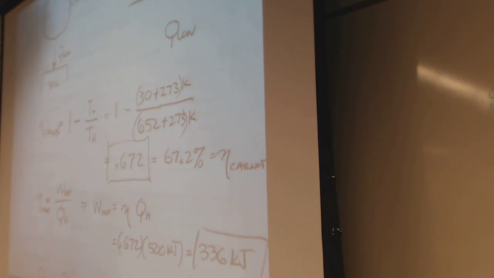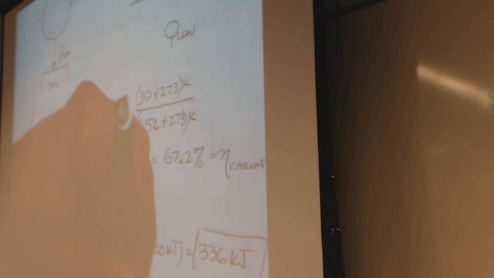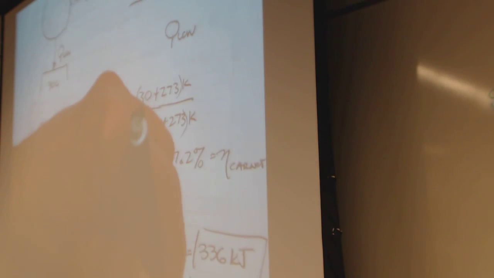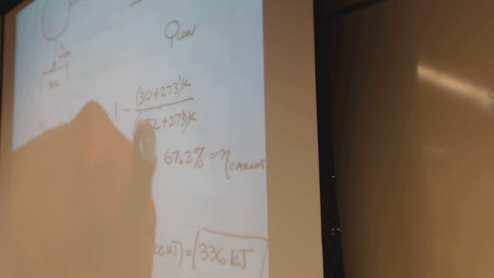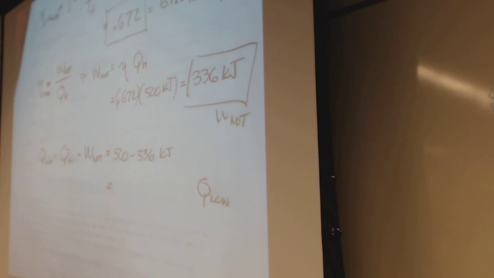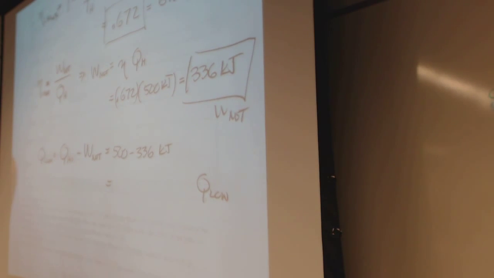So 500 minus 336 kilojoules is going to give us an exhaust heat of, well, what do you think, 164?